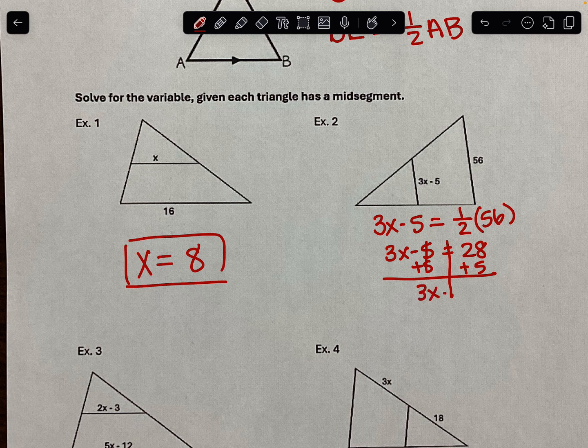So 3x is equal to 33. My last step, divide, so we get x is equal to 11. Do we need to put the 1/2? No, you could start straight from 28. I do not care. I just write it so we get in that habit. Okay?